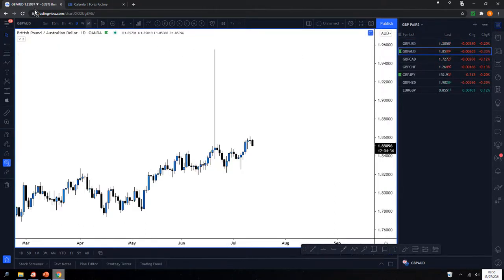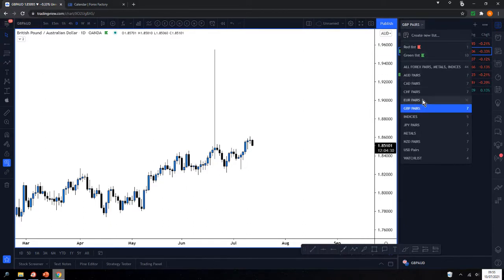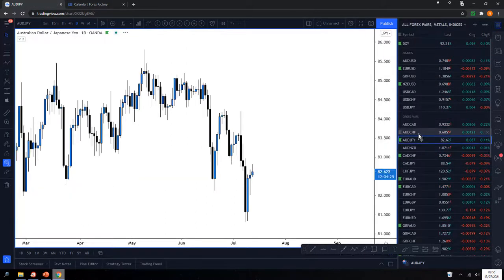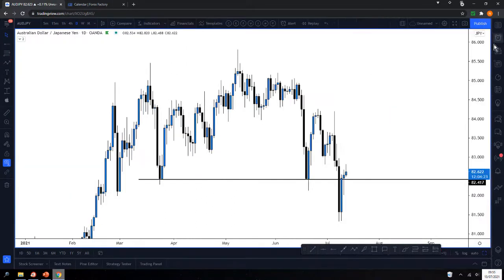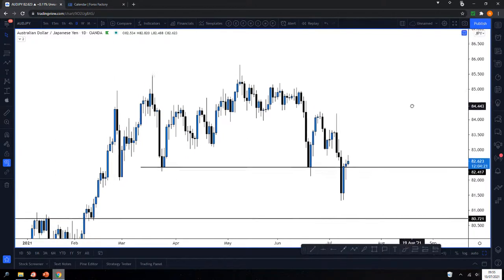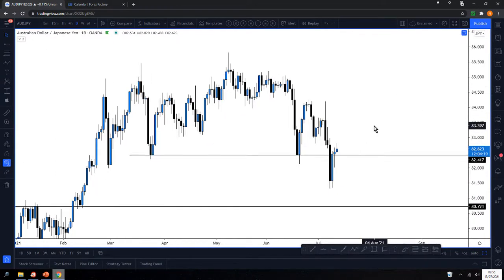But a couple of charts of interest for me are Aussie yen, I should say. Just because, okay, we can see this movement. Can you see this movement to the downside? The lower highs, lower lows.